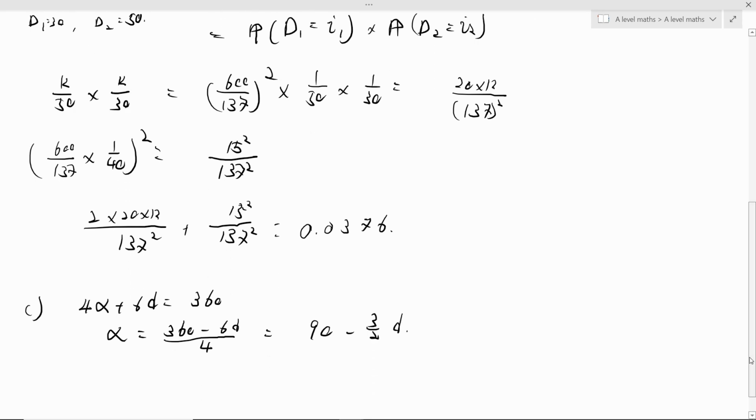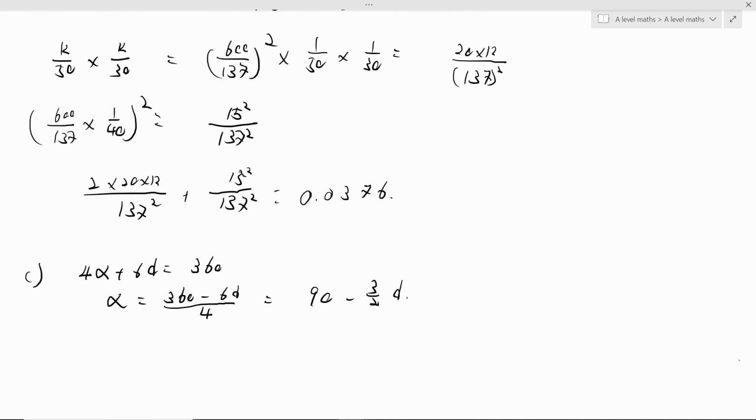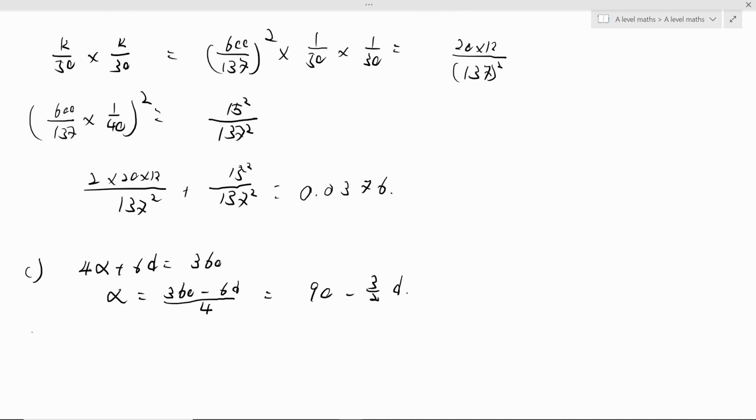Now let's just substitute the d's inside. So now let's just try with all the values of d possible. So first one, say d is 50. That implies alpha is 90 minus 3 over 2 times 50, which is 90 minus 3 times 25, so 15, which is less than 50. No good. Next one, d is 40.